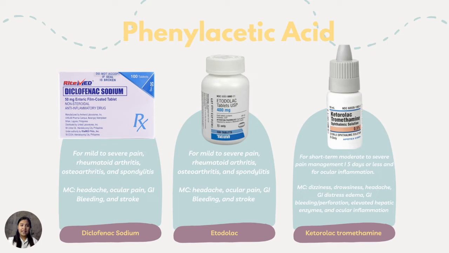So these are our phenylacetic acid medications: diclofenac sodium, etodolac, and ketorolac tromethamine. They have similar indications for mild to severe pain, rheumatoid arthritis, osteoarthritis, and spondylitis. And ketorolac is for short-term management of moderate to severe pain for 5 days or less, and for ocular inflammation.